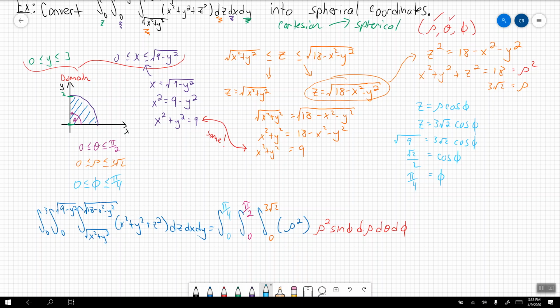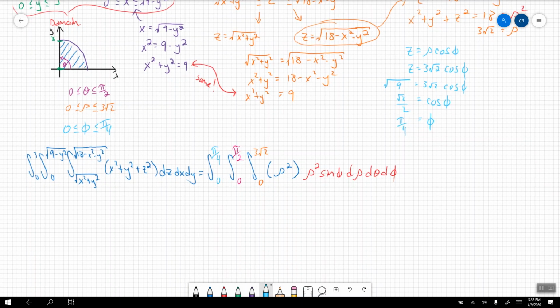Now, this particular case was just to set it up. So once we have this set up, all I'm going to do is simplify just a little bit more. 0 to 3 root 2, and this is going to be for, let's say, rho to the fourth sine phi, d rho, d theta, d phi.